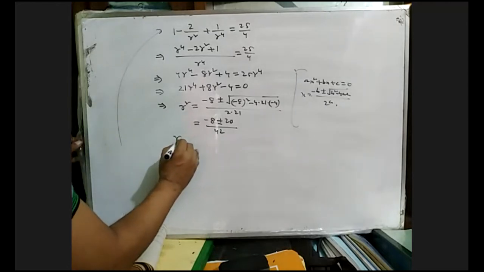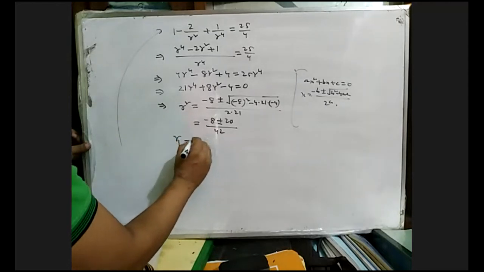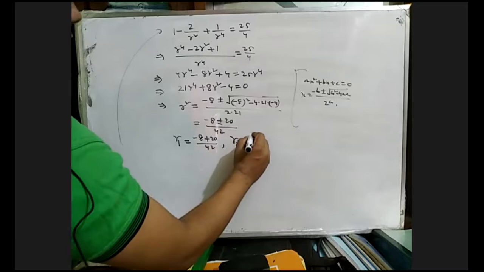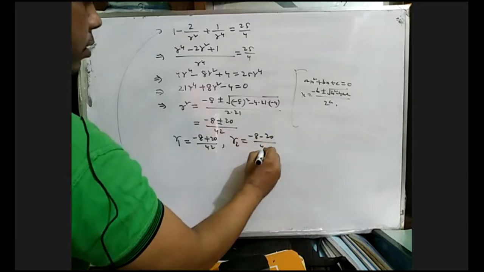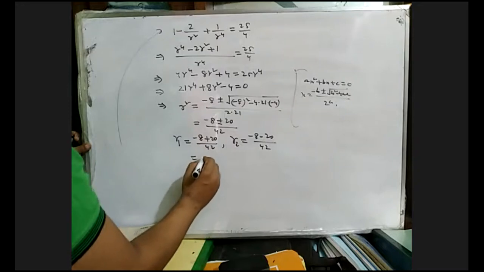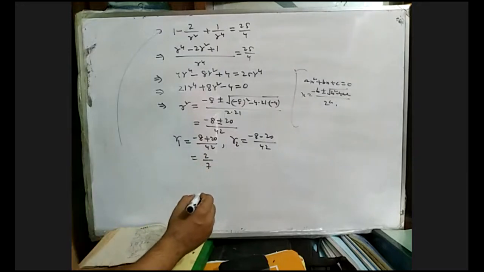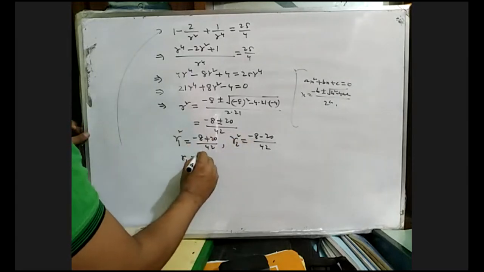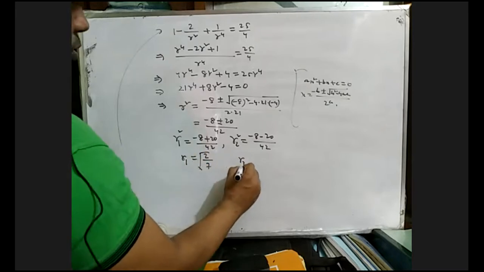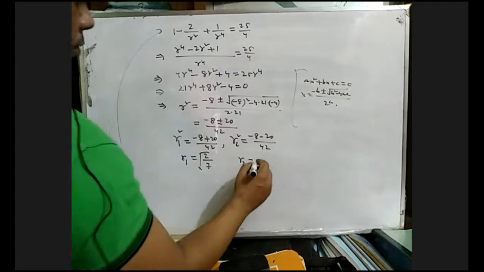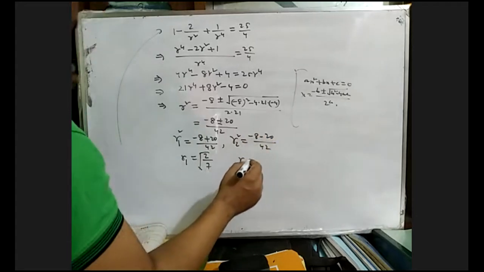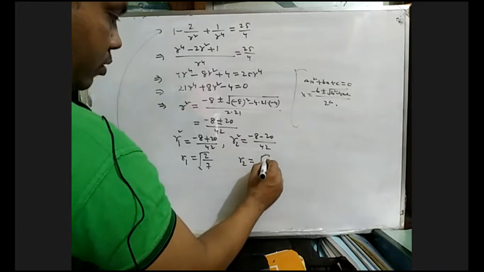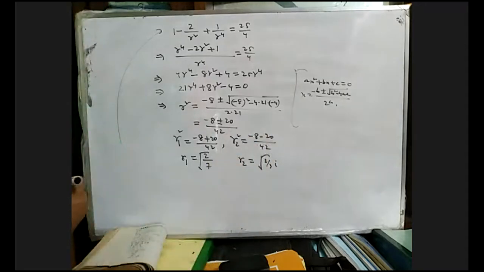The first value of r square is minus 8 plus 20 divided by 42, and the other value is for the negative sign. So r1 square is 2 by 7, so r1 equals root over 2 by 7. And r2 equals root 2 by 3 into i, where i means the imaginary number.